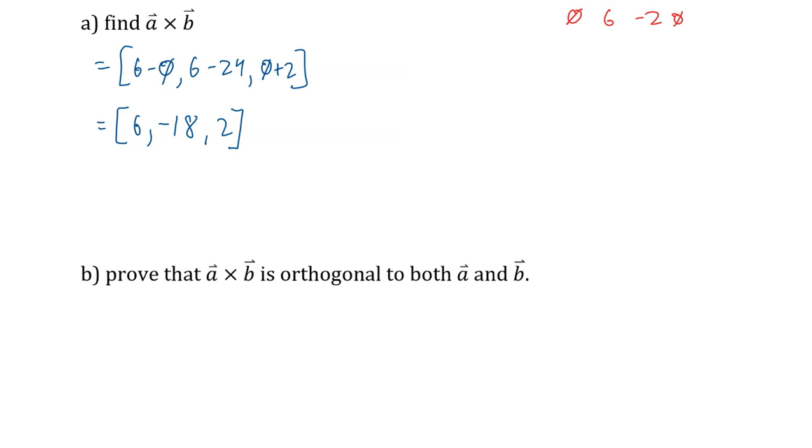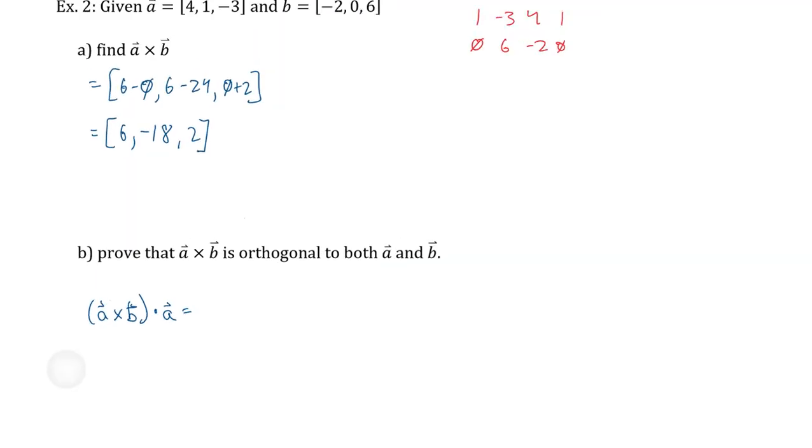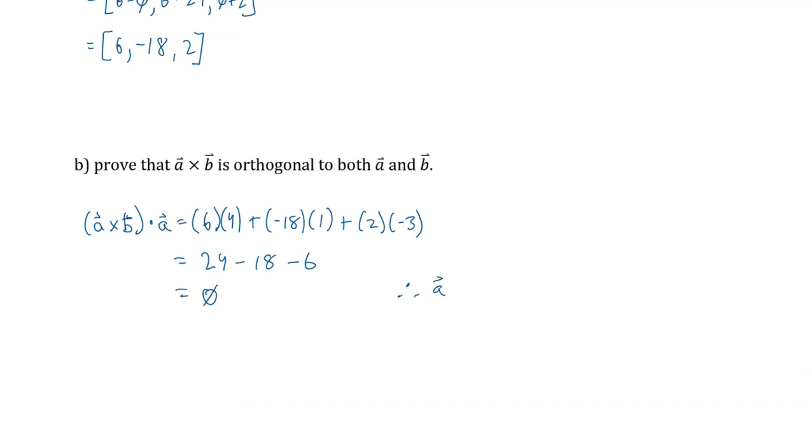The cross product finds a vector that is orthogonal to both. So I'm going to do A cross B, which we already calculated, dotted with A to show that it's orthogonal to A. So this is 6 times 4 plus negative 18 times 1 plus 2 times negative 3. So it worked for that one.